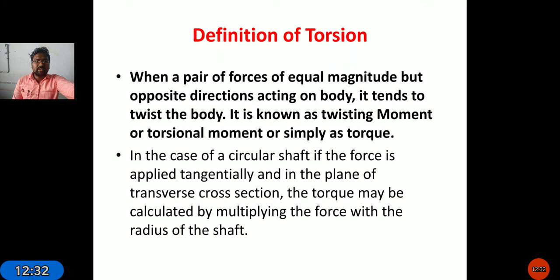Next, in the case of a circular shaft, if the force is applied tangentially and in the plane of the transverse cross section, the torque may be calculated by multiplying the force by the radius of the shaft, that is, the distance from the center of the axis of the shaft to the applied force.